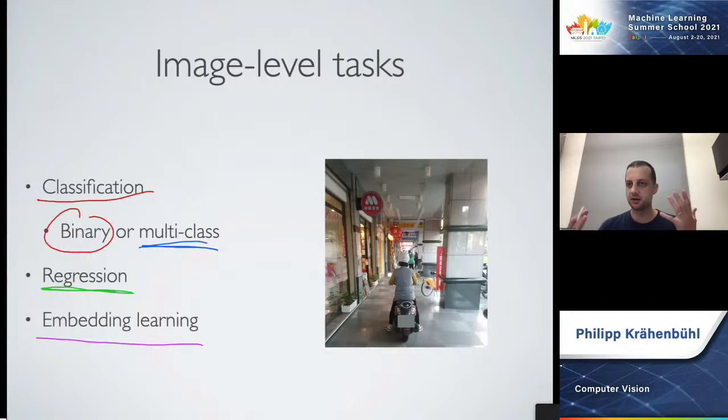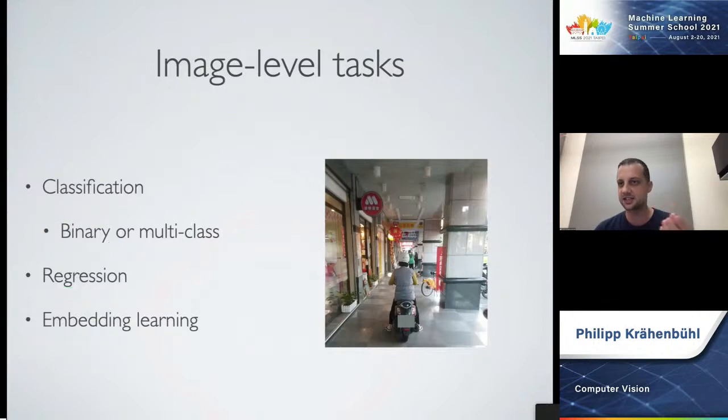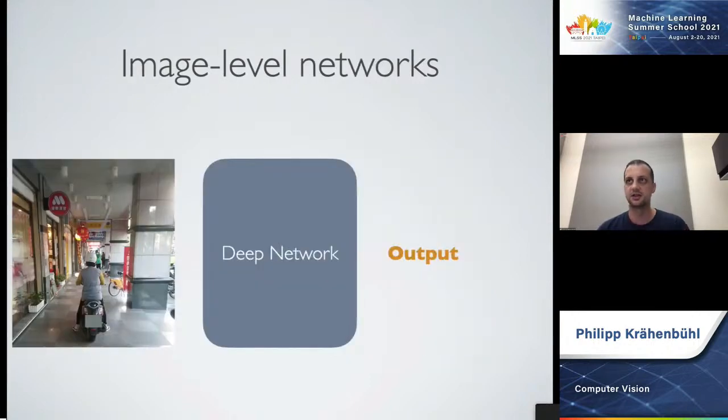Now, the nice thing about computer vision is it's actually even a little bit simpler than studying three different problems, because all of these problems use the exact same structure. So you might have about 100 different image level tasks. Almost all of them use the same setup, which is we take an image, we feed it through a deep network, and then we produce an output.